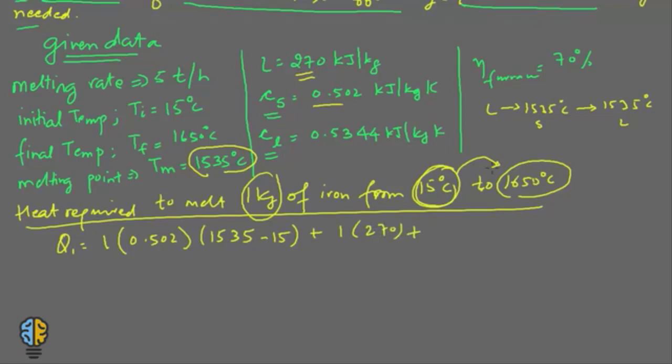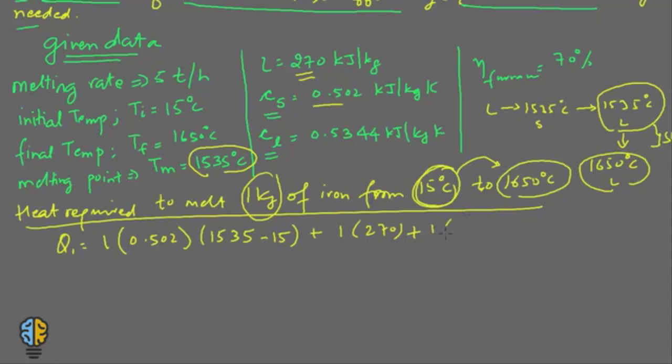Plus, now we have entered the liquid state. From liquid you would go to again liquid, but the temperature would now increase to 1650 degrees Celsius. So this is again a case of sensible heat.